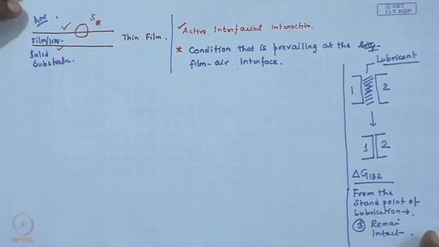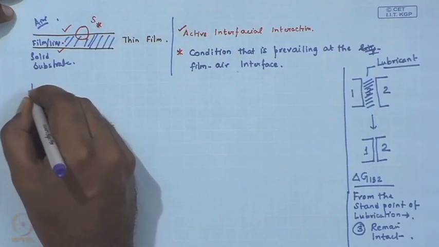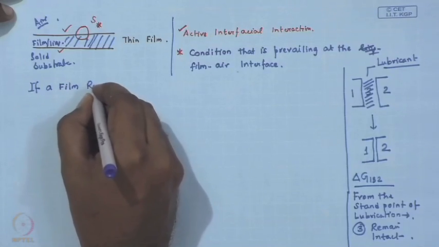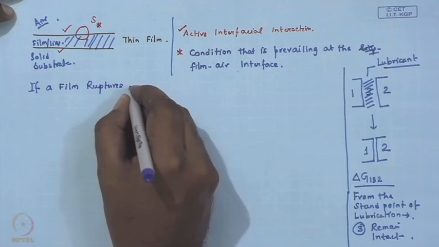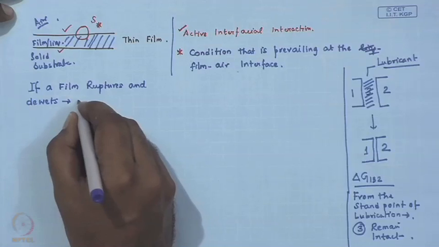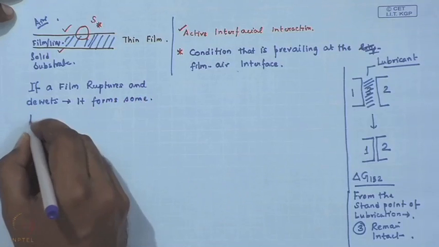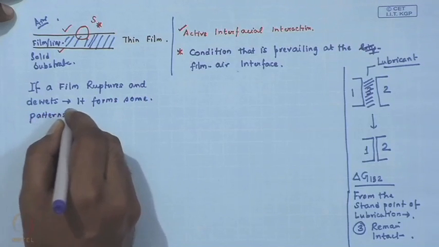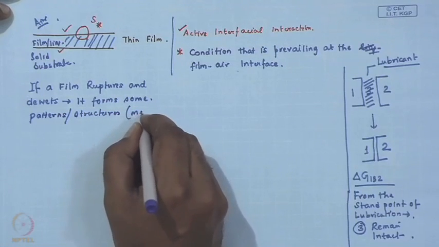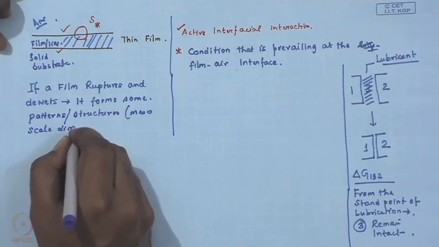If you are talking about a very thin film, we will see that if a film ruptures and dewets, this we will come to soon, it forms some patterns, structures. Often they have mesoscale dimensions.